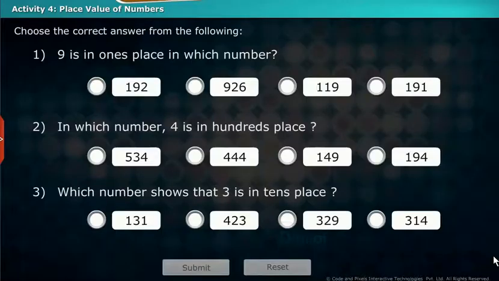Take up an activity on finding the place values of a number. Choose the correct answer from the following.